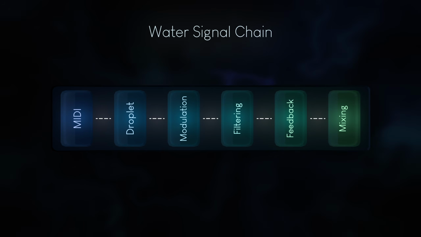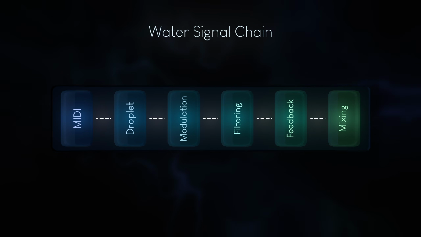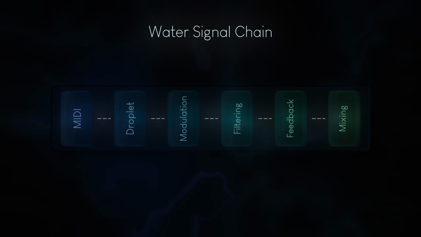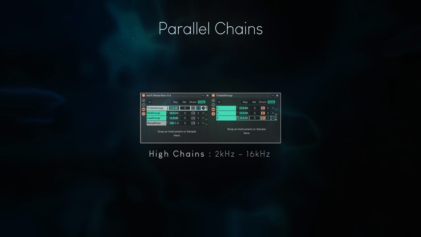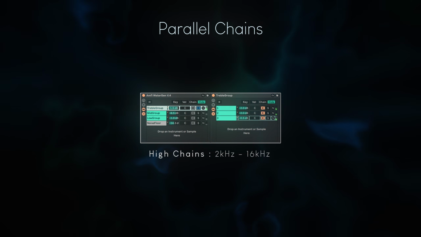Finally, I have a group for mixing, which is just an assortment of EQs, stereo processing, and resonance suppression. Again, I have 9 of these chains running in parallel for different frequency ranges, which are as follows. The first 3 chains are for the high end, ranging from 2 kHz to 16 kHz.